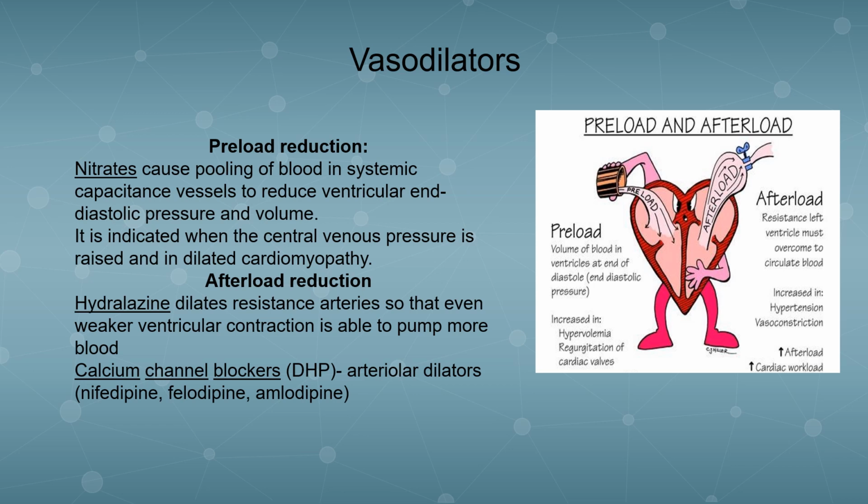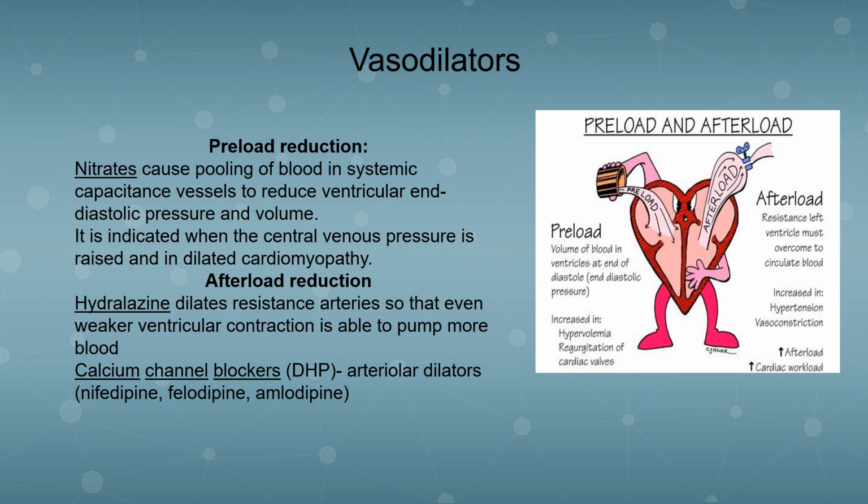They cannot be given because they have nodal depressant effects. You already have learned about these calcium channel blockers. So here you can use DHPs, which are arteriolar dilators, when the patient is also a hypertensive patient.